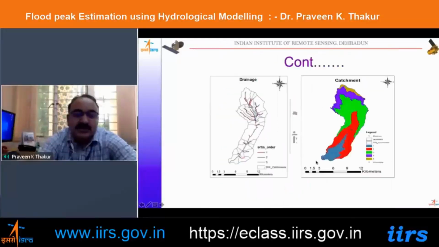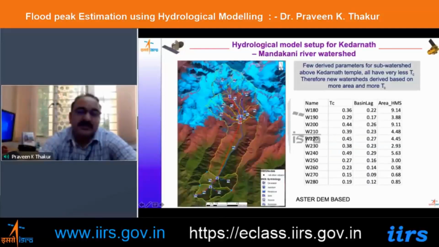Initially, when we did this exercise, we delineated multiple sub-watersheds at small scale. So what happens if the basin lag is smaller than the rainfall data interval?